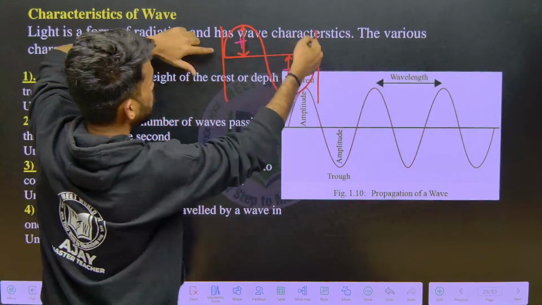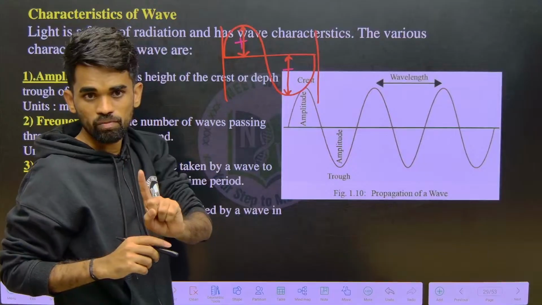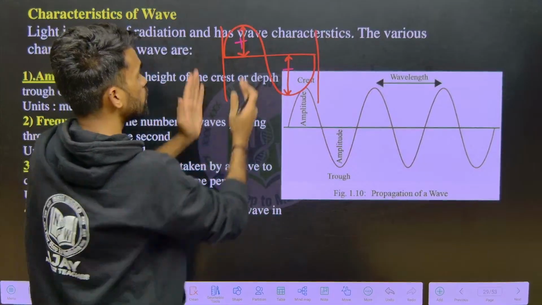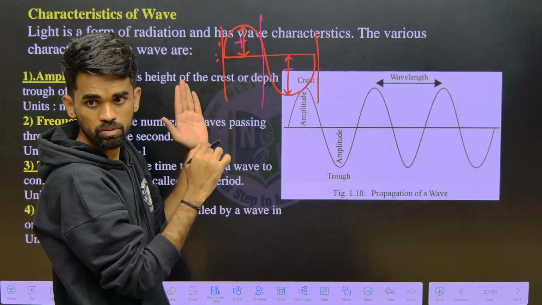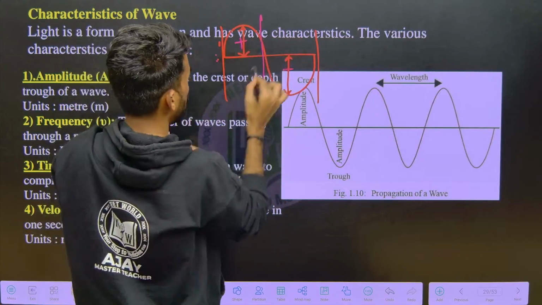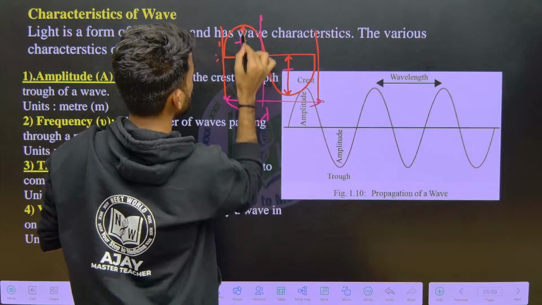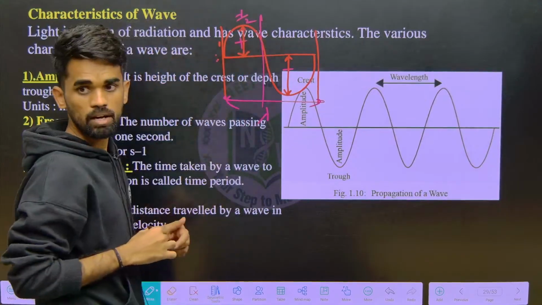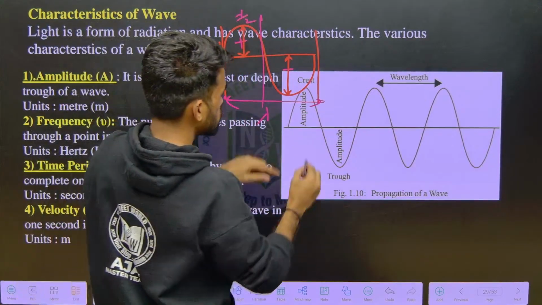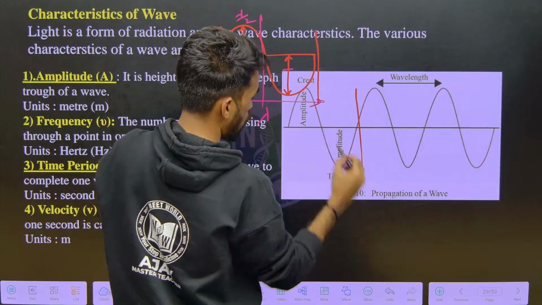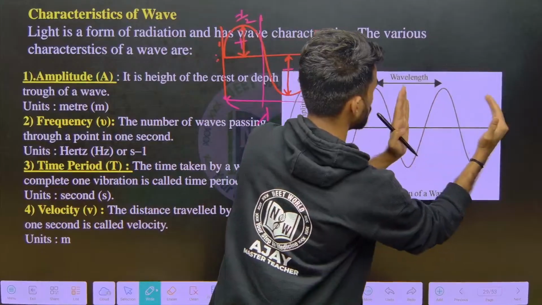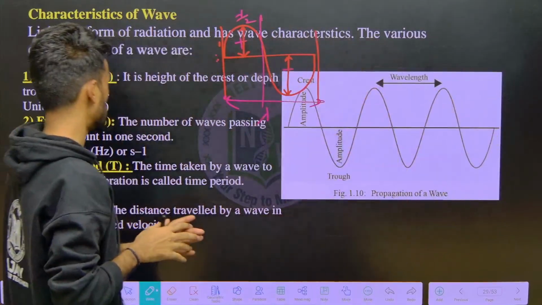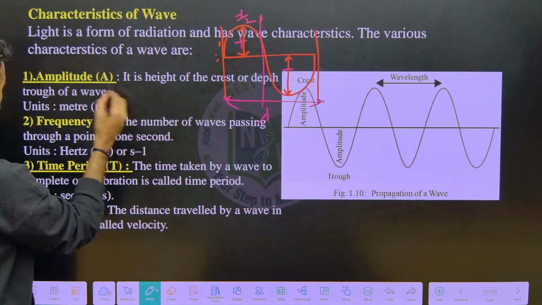This complete cycle is considered as one wave. If this is a full wavelength lambda, then half a wave is lambda by 2. So how many waves are there in this? 1, 2, 3.